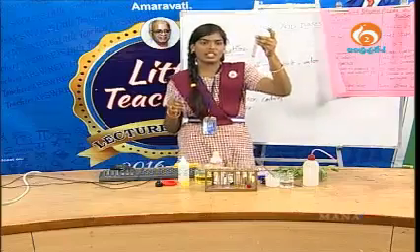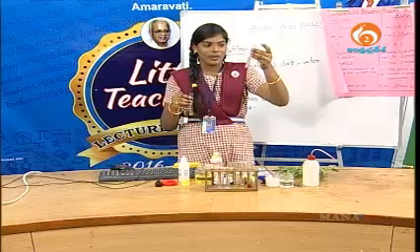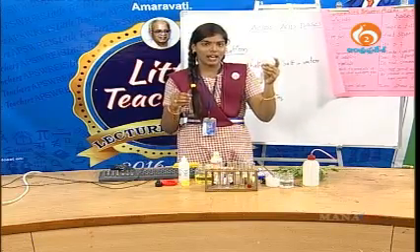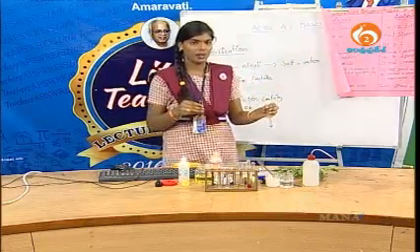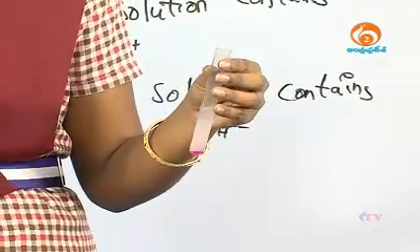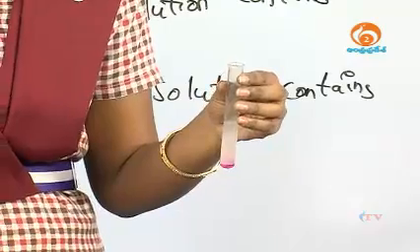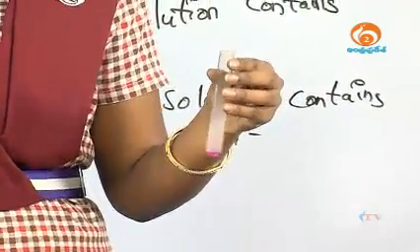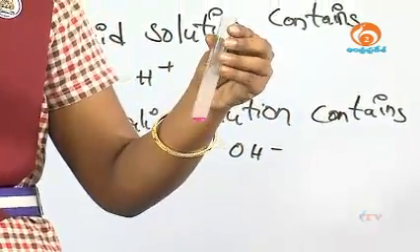This is the neutralization reaction. We take hydrochloric acid and sodium hydroxide. When hydrochloric acid is slowly added to sodium hydroxide, then we get neutralization.